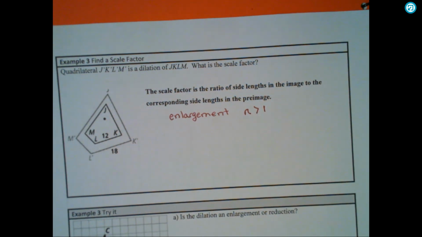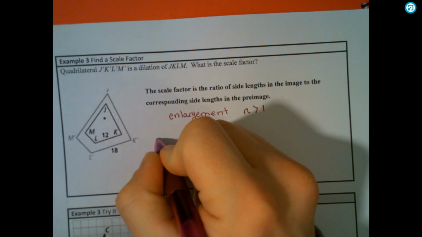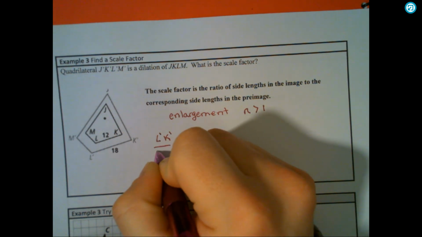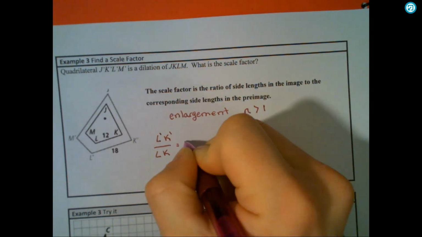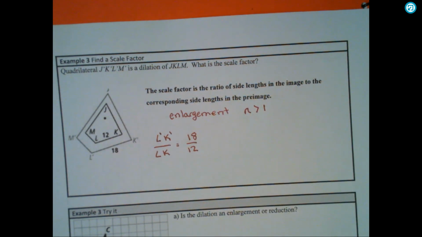And then from here, to find the scale factor, you're going to do the same thing we did before. You're going to ratio the 2 sides. The pre-image goes down below, image up top. So I want L prime, K prime to LK. So we're going to have 18 over 12. And you're not going to want to leave that as 18/12, so you want to simplify that.